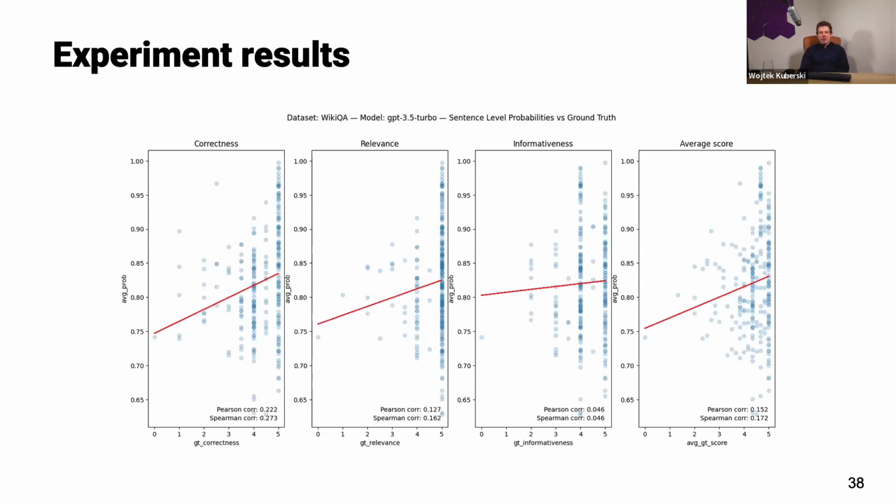Now, if we compare it with another approach, which is just trying to find the sentence level probabilities, so we're just taking the minimum of each sentence level probability, so approach number 3, when we just do simple uncertainty quantification, we see that the correlation is generally much lower across the board.